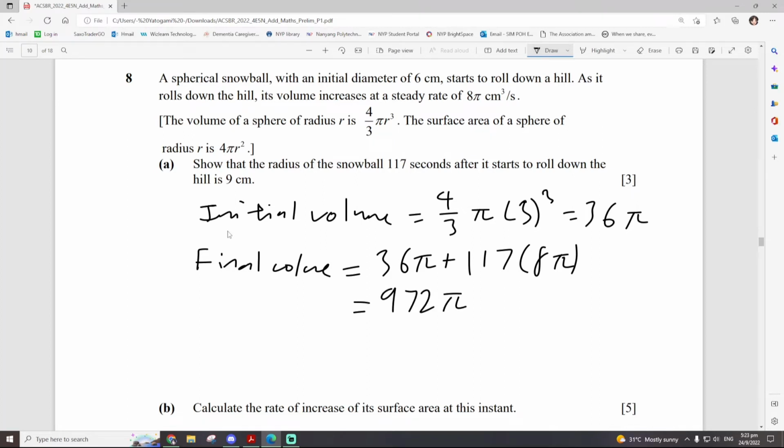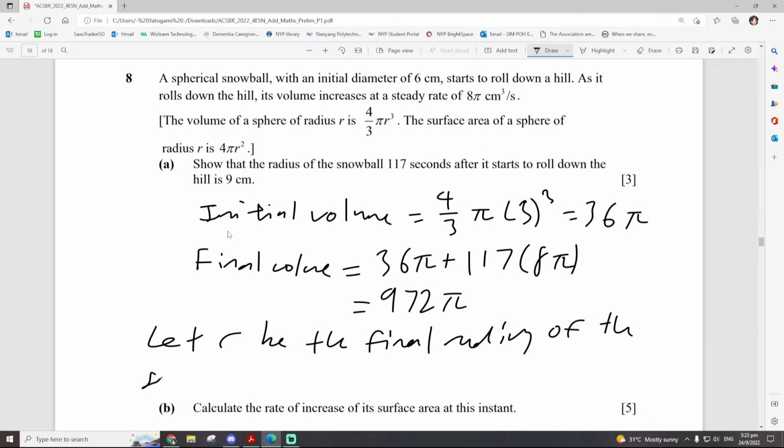Okay, let R be the final radius of the snowball. Actually, let it be R1 to distinguish it from R itself. So we have 4/3 pi R1 cubed equals 972 pi.